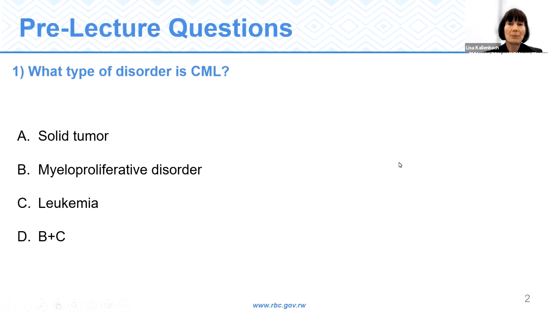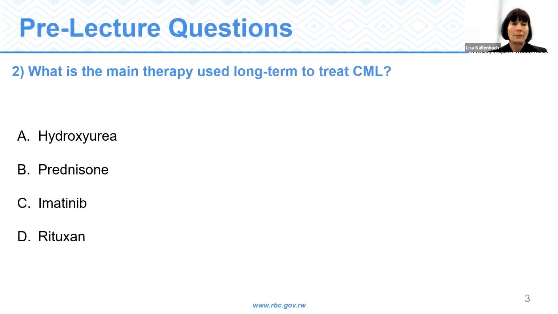So we're going to start with some pre-lecture questions. Question number 1, what type of disorder is CML? A, solid tumor, B, myeloproliferative disorder, C, leukemia, or D, both answers B and C. Question 2, what is the main therapy used long-term to treat CML?